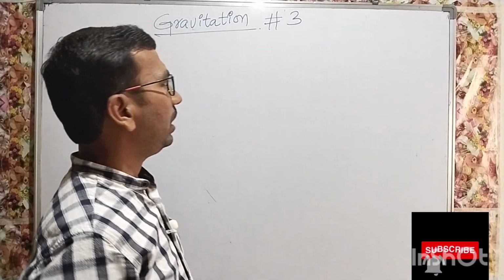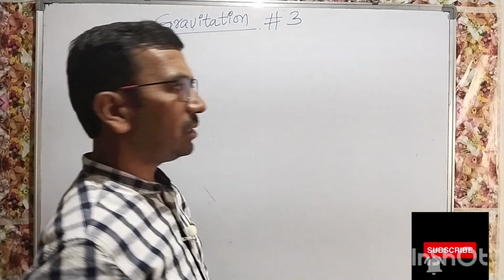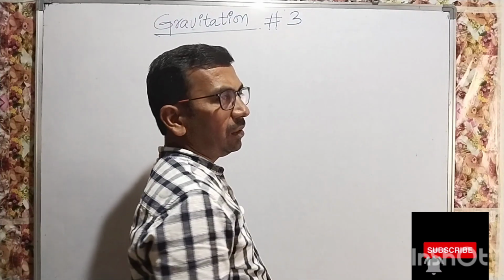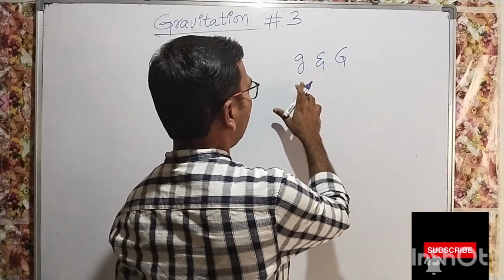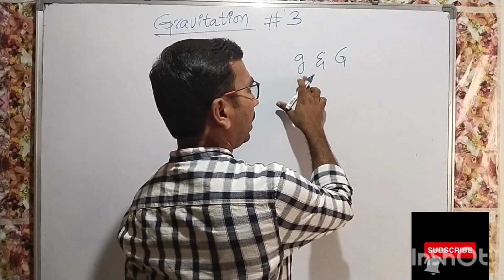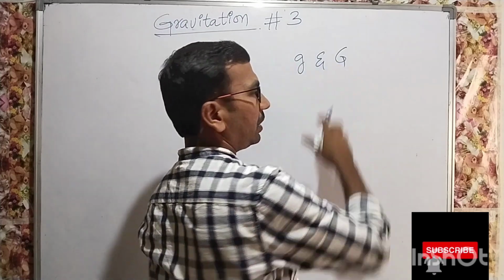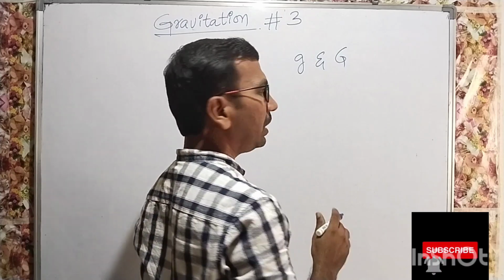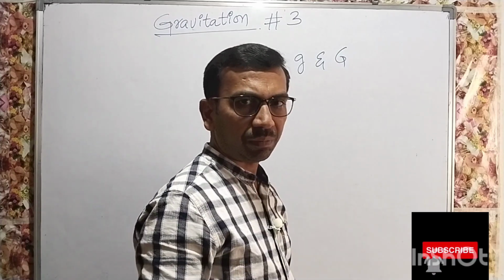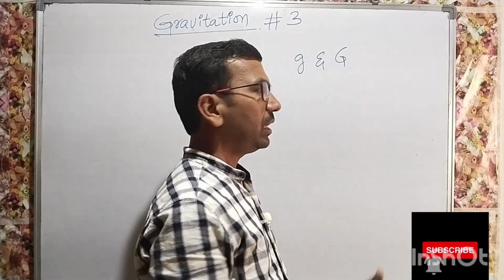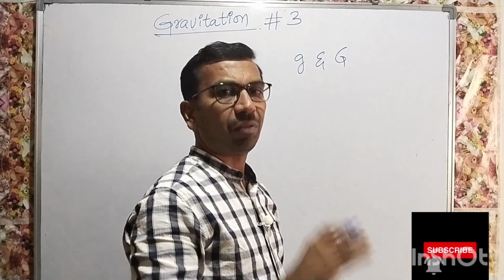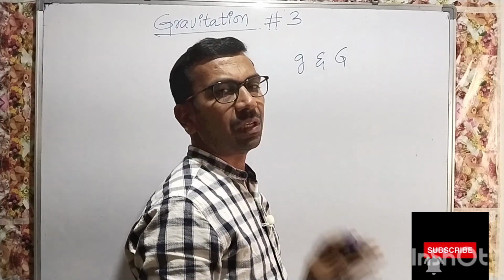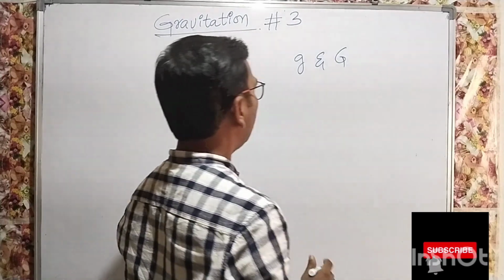Today we are going to discuss gravitation lecture number 3. In gravitation lecture number 2, we discussed the relation between acceleration due to gravity and the gravitational constant, and the variation of acceleration due to gravity in terms of altitude (height), depth, latitude, and shape.